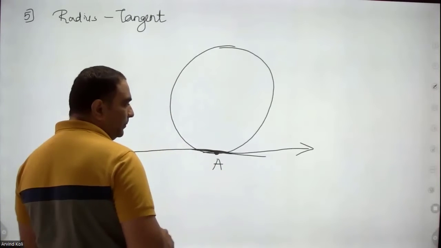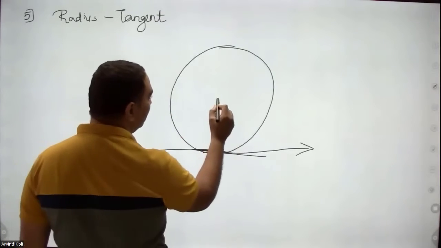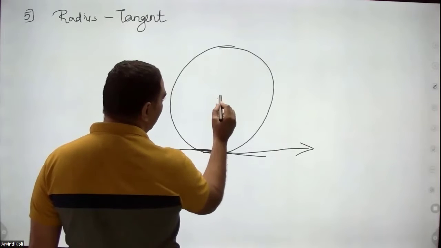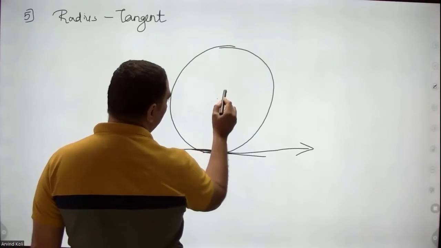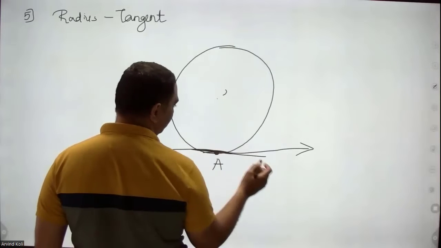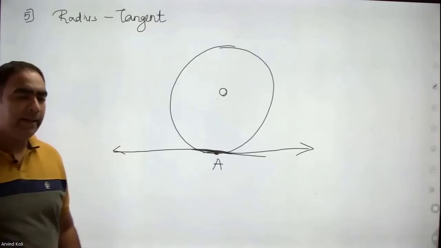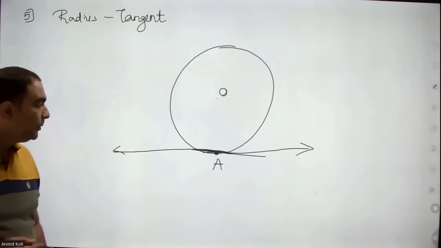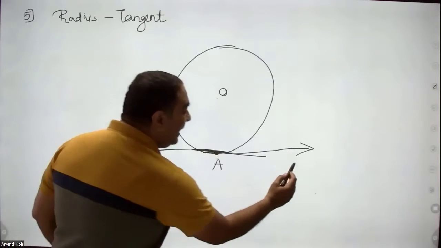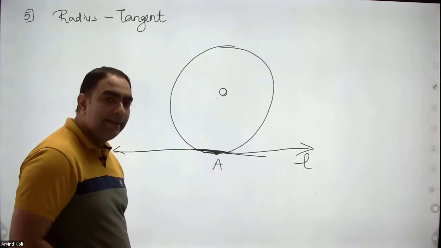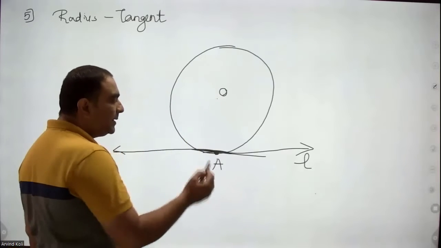We have tangent at point A on the circle. O is the radius. Oh, sorry, O is the center. Line L is the tangent. Okay. O is the center.